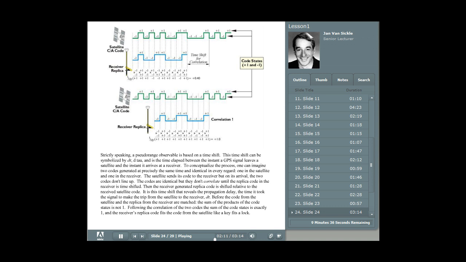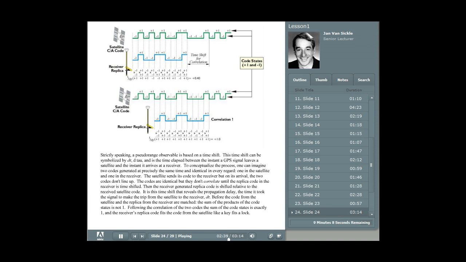Obviously, if the receiver knows the elapsed time, it knows the frequency of the signal, and therefore it knows the distance. Success. This is how the pseudo-random noise PRN code functions. This is the way that the distance is derived, by solving the time that it took the signal to come from the satellite to the receiver.